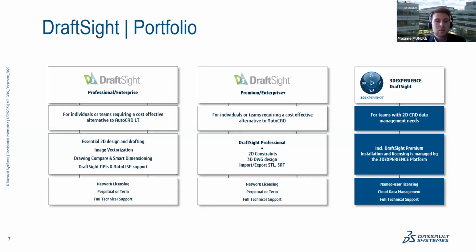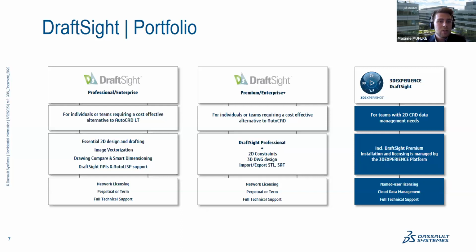The only difference is that DraftSight Professional is a standalone version, so one user for one license. It's the same as with AutoCAD today. Whereas on the other side, with Enterprise, you will be able to share the license between 2, 3, 4 people in some cases. So it's also there that you will be able to make a lot of savings on your 2D costs.